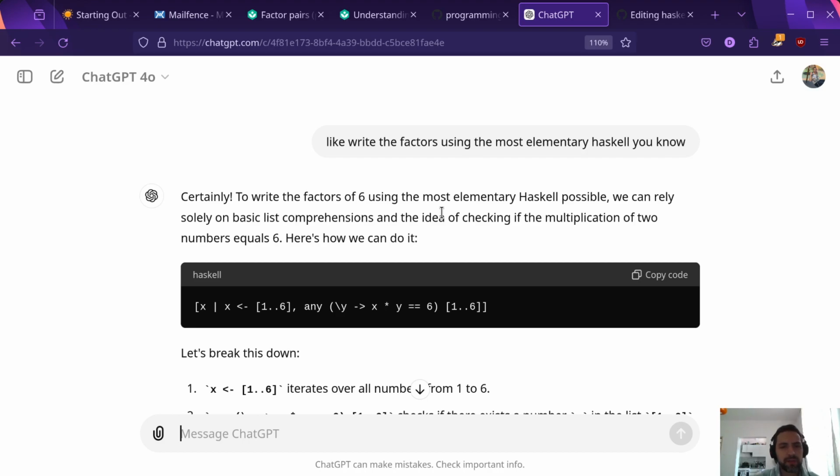We can rely solely on basic list comprehension and the idea of checking if the multiplication of the two numbers equals 6. x takes a list of 1 to 6. any. Oh, we have a lambda. x times y is 6, 1 to 6. This is nice.